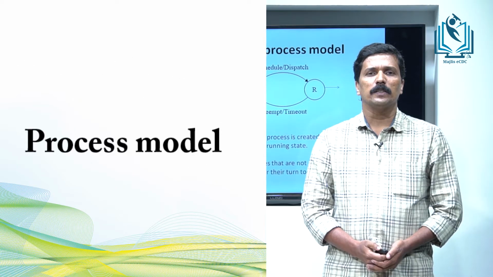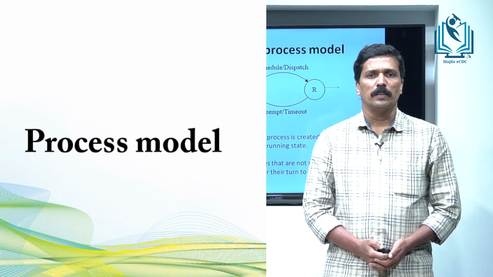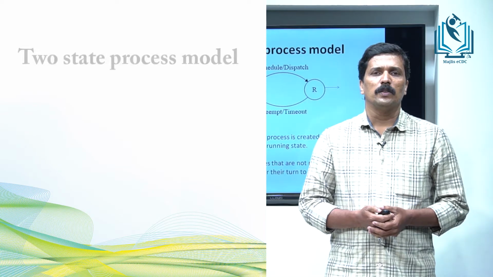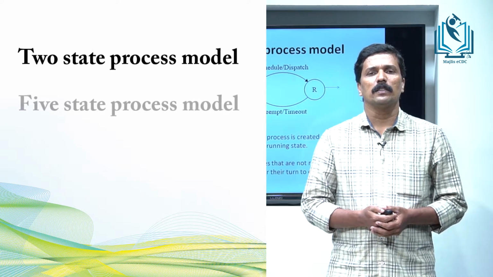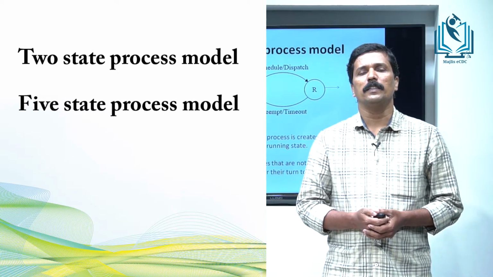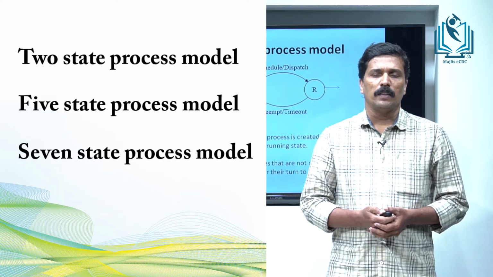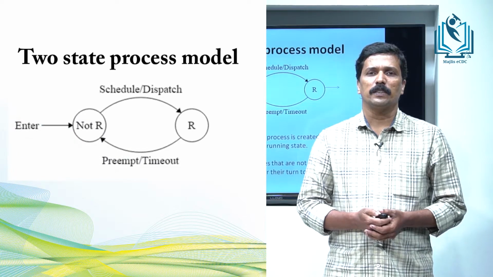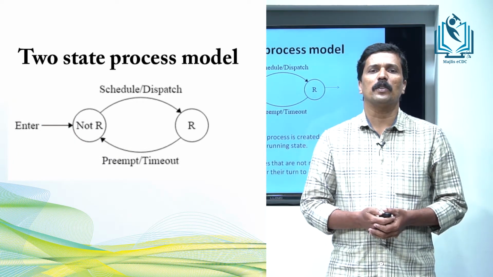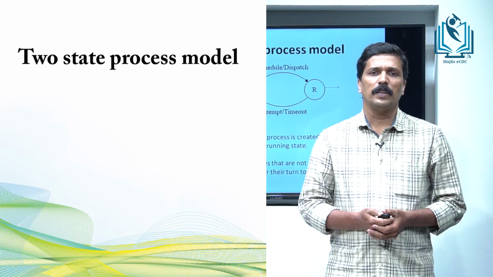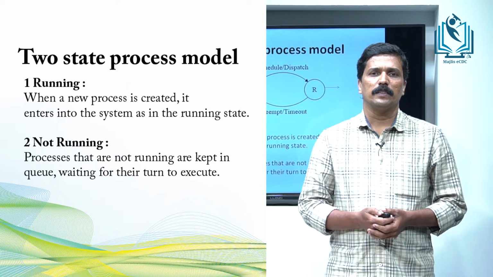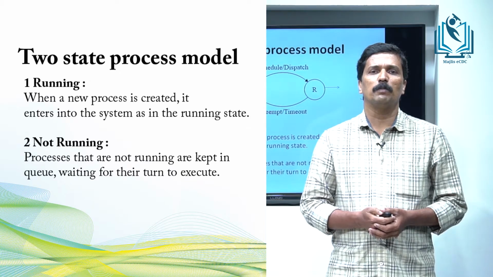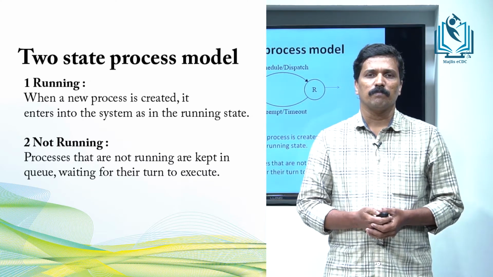The next topic is process model. We have three types of process models: two-state process model, five-state process model and seven-state process model. In the two-state process model, we have only two states, running and not running. When a process is created, it enters the not running state, then it moves to the running state.